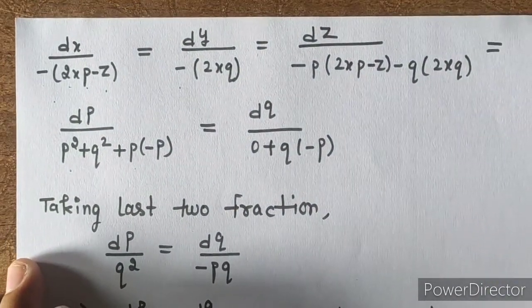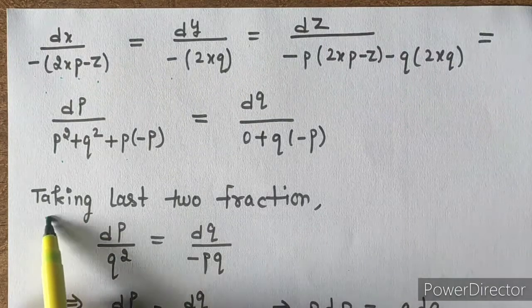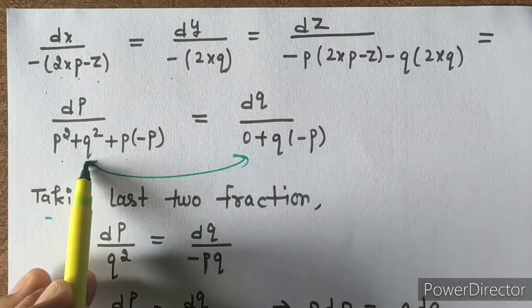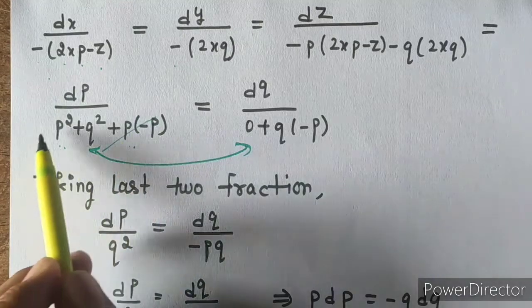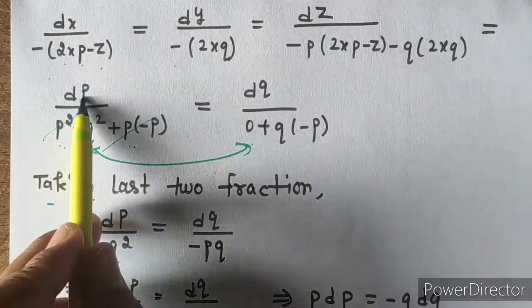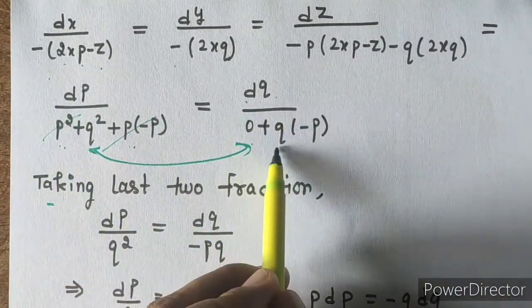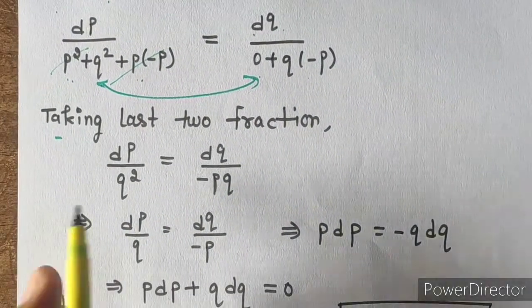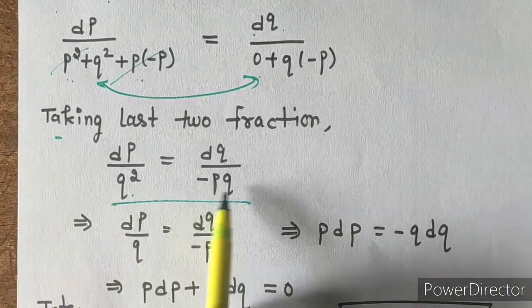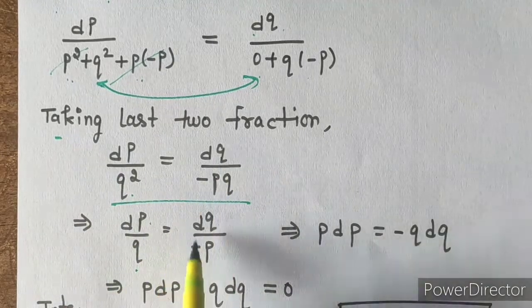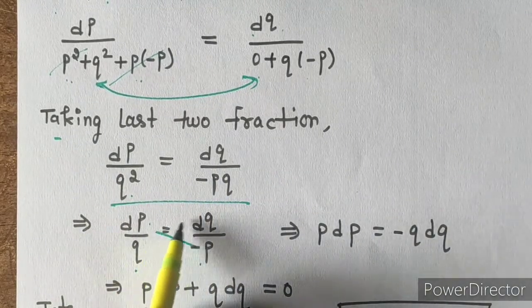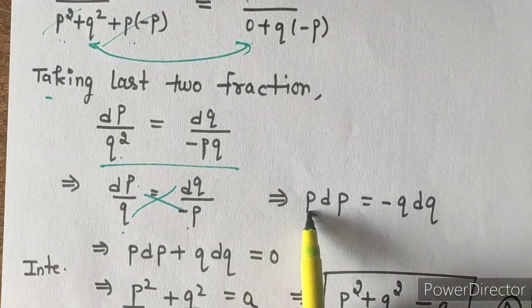We solve this equation taking the last two fractions. In dp, p² and −p² cancel out. This gives dp divided by q² equal to dq divided by −pq. After cancelling q on both sides, the remaining is dp divided by q equal to dq divided by −p.